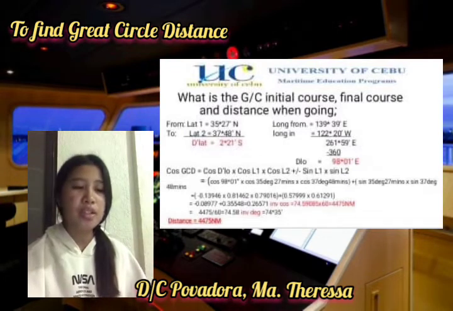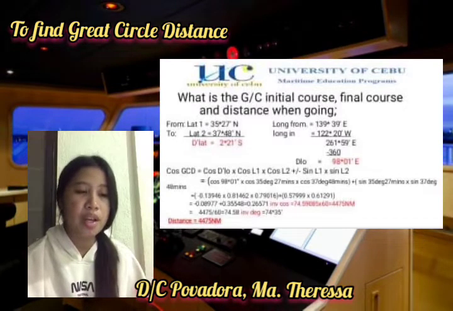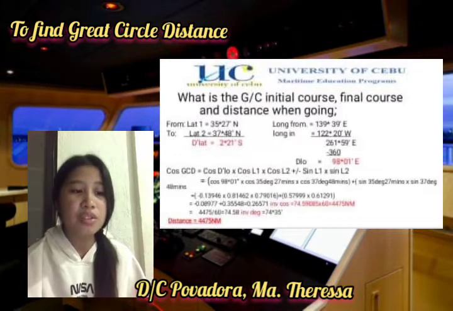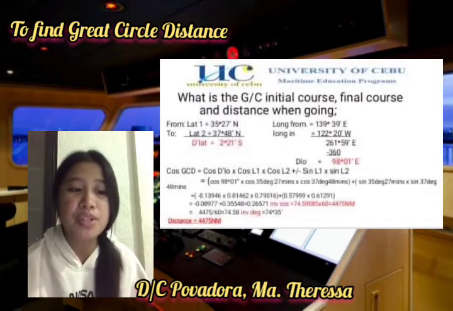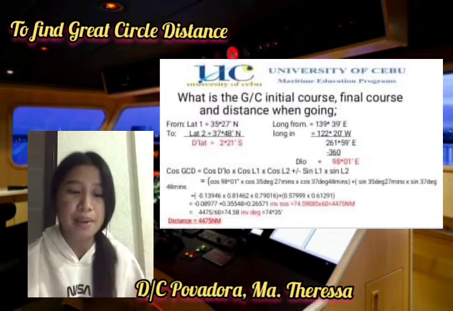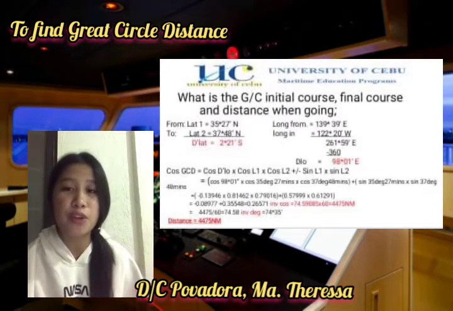So cos D-long, which is 98 degrees and 01 minutes, times cos 35 degrees and 27 minutes, times cos lat 2, which is 37 degrees and 48 minutes, plus sin 35 degrees and 27 minutes times sin lat 2, which is 37 degrees and 48 minutes.